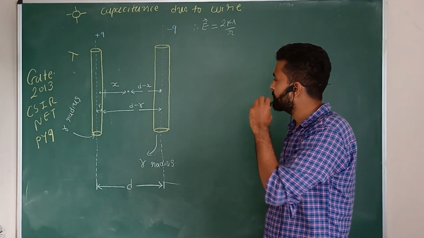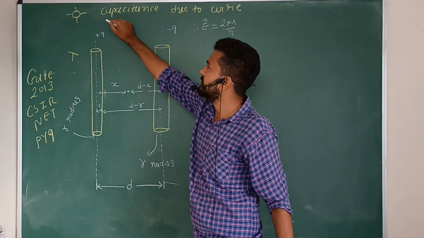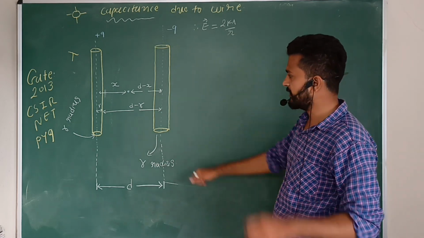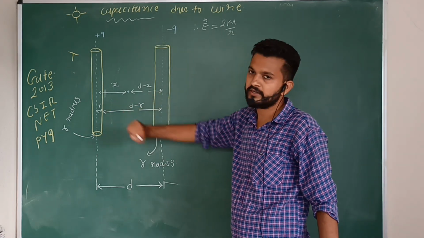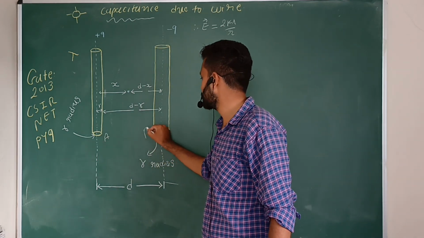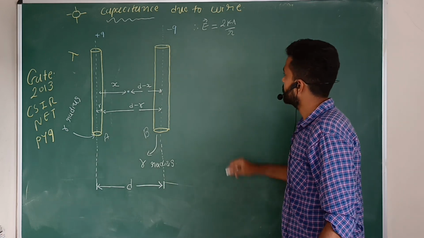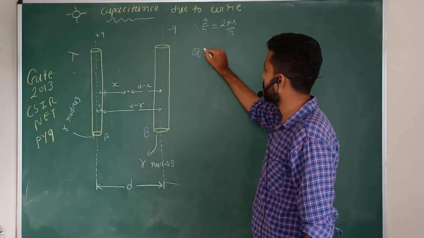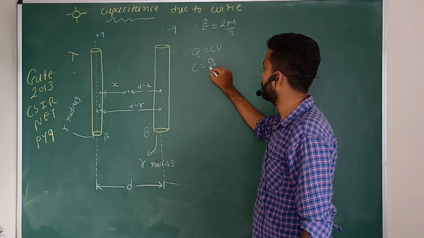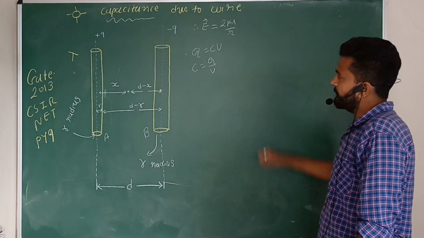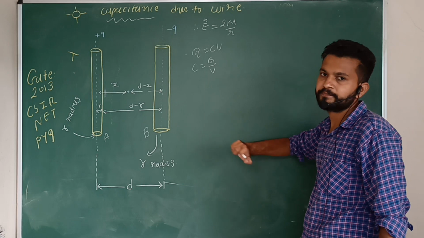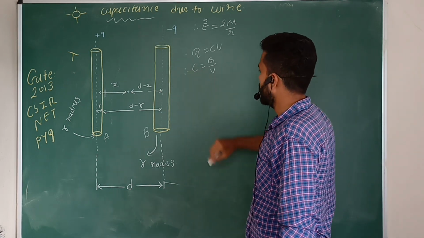So moving forward, our main objective is to find out the capacitance. First of all, we are going to find the electric field due to each wire. Let us say this one is A and this one is B. Now we know Q is equal to CV, and from this C is equal to Q by V. From the electric field we are going to find the potential, and from the potential we can find the capacitance.